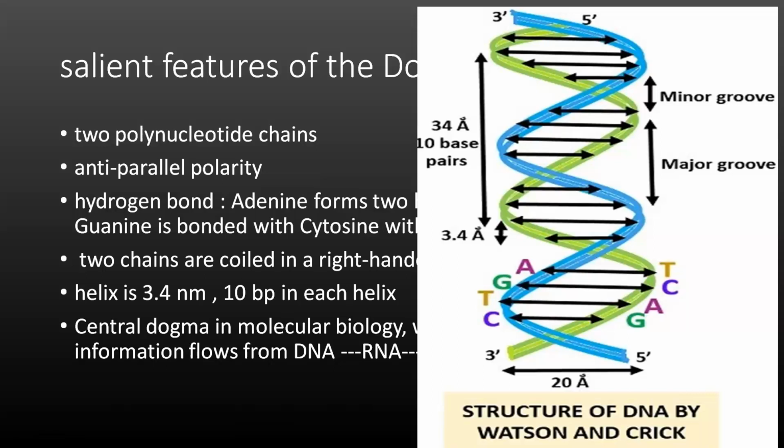Total 10 are there from here to here. So it is 3.4 Angstrom. This is the minor groove and this is the major groove. So this is the basic structure of DNA.